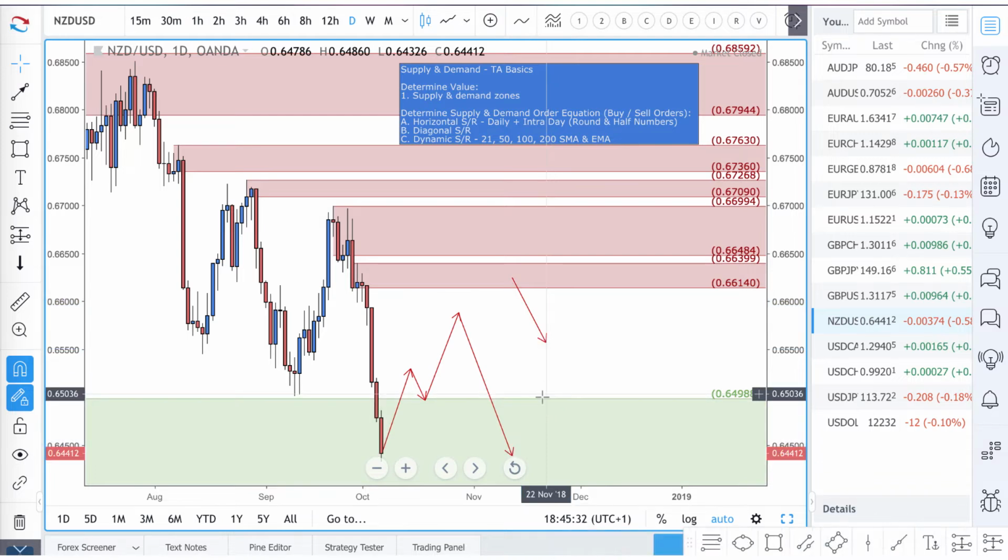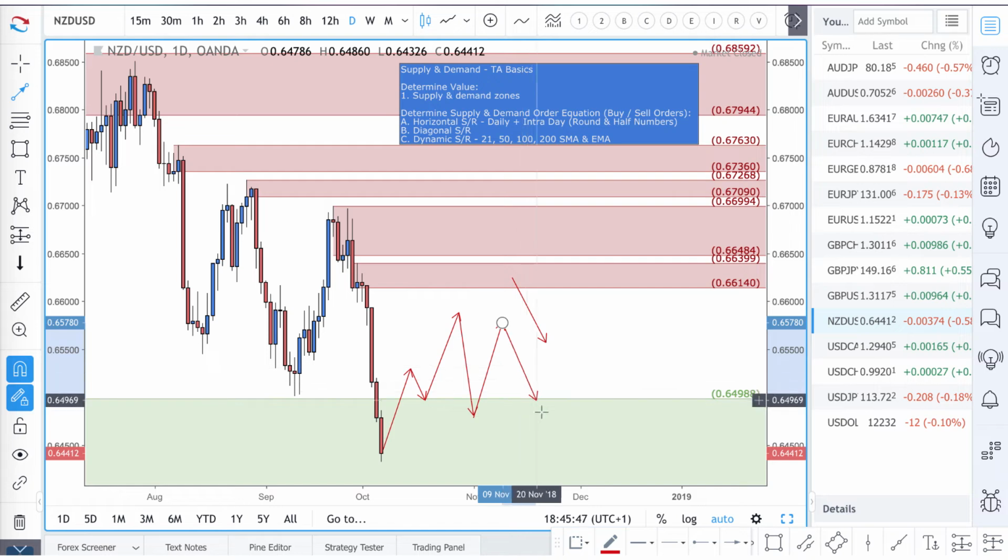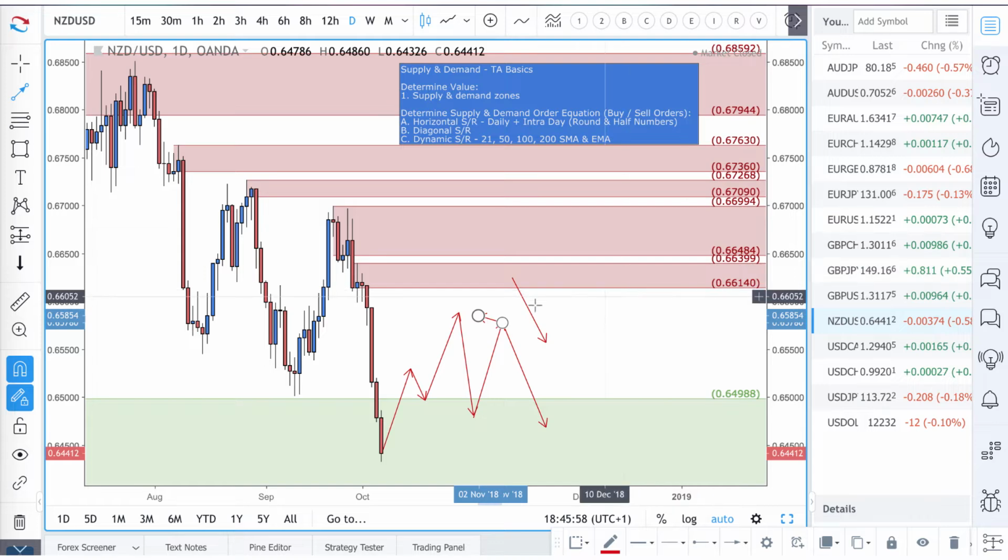Then what you probably want to see is prices come back up to this demand zone, prove this is a supply zone, prove that it is by price action and what price action does from there, wait for price to come back up, and then look to sell when prices come back up to this supply zone here, right? Or if this scenario actually plays out, right? So those are your options for this week.